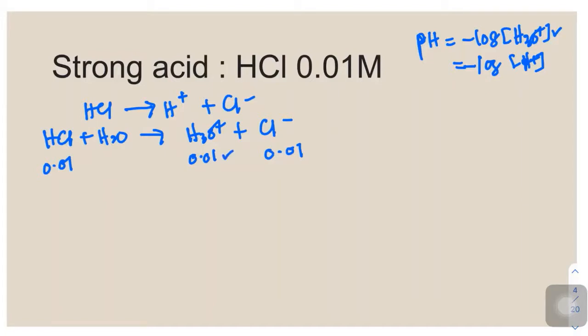Now that we have the concentration of H3O plus, we can calculate the pH, which is equal to negative log of H3O plus, equal to negative log 0.01. Pressing the calculator, we get the answer 2. So the pH of 0.01 molar HCl is equal to 2.